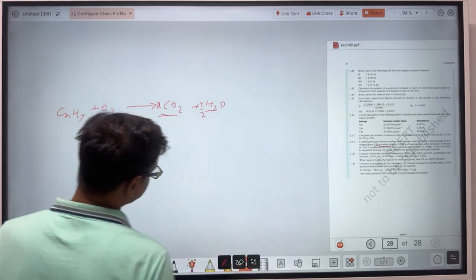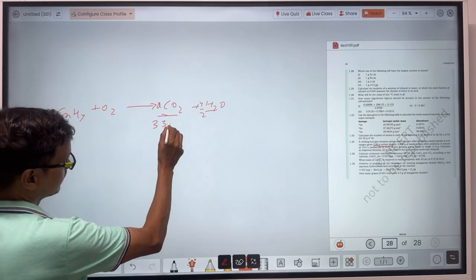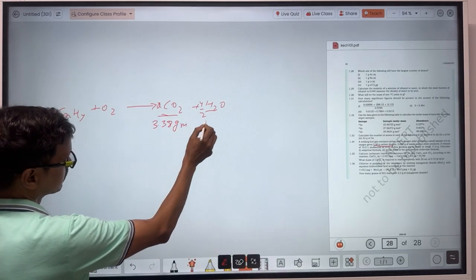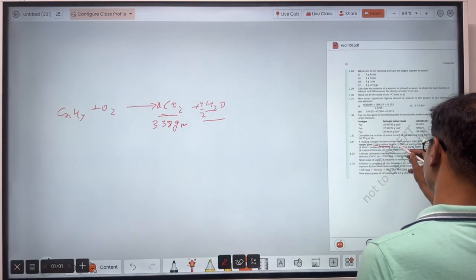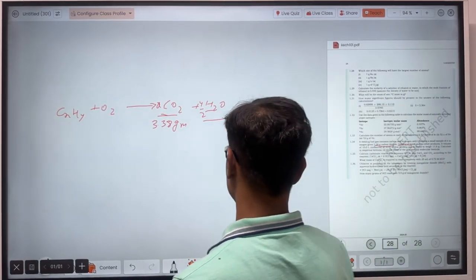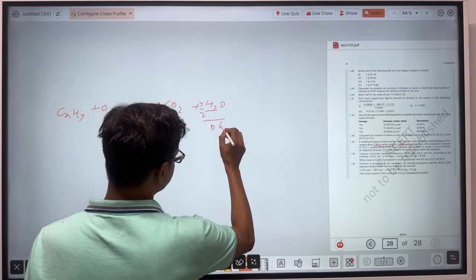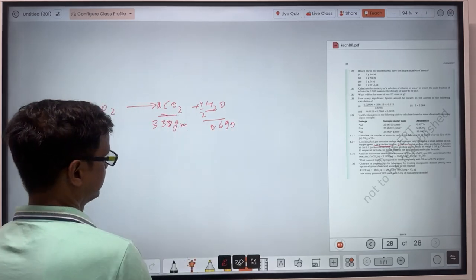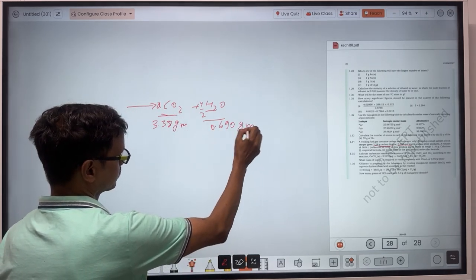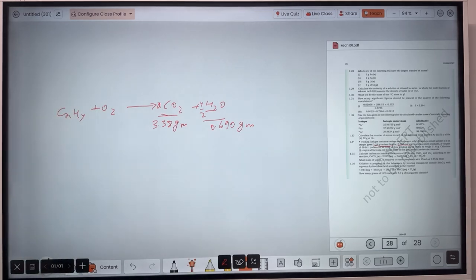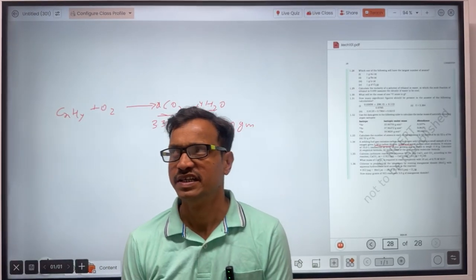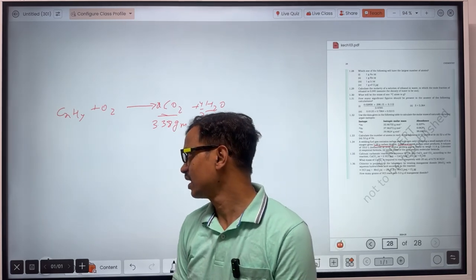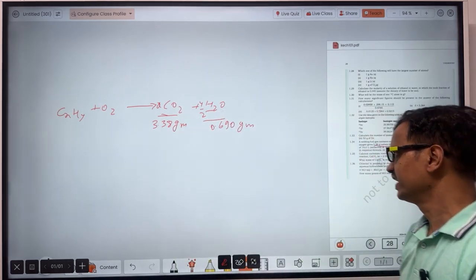So weight of CO2 is here 3.38 gram. And then the weight of water is given as 0.690. That much is clear. How much carbon is here and how much hydrogen will be there? Because that molecule is made up of only carbon and hydrogen.